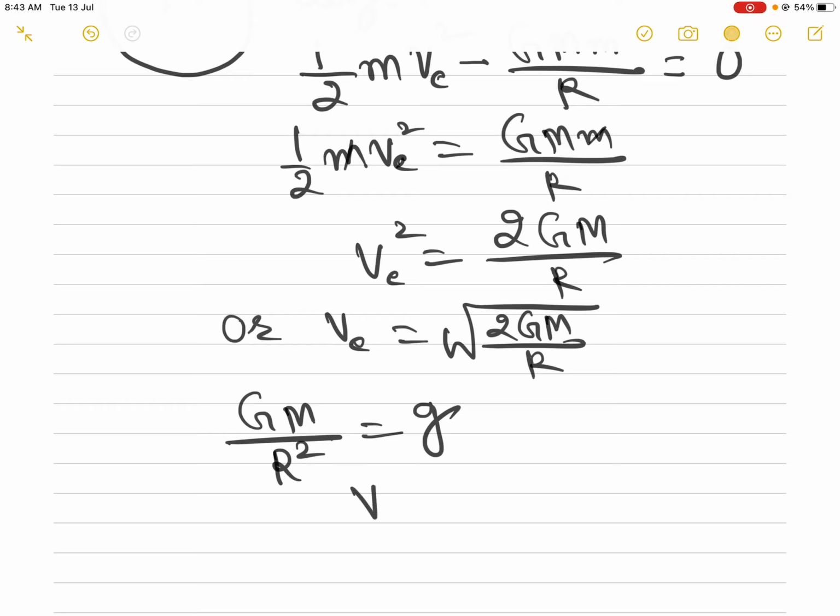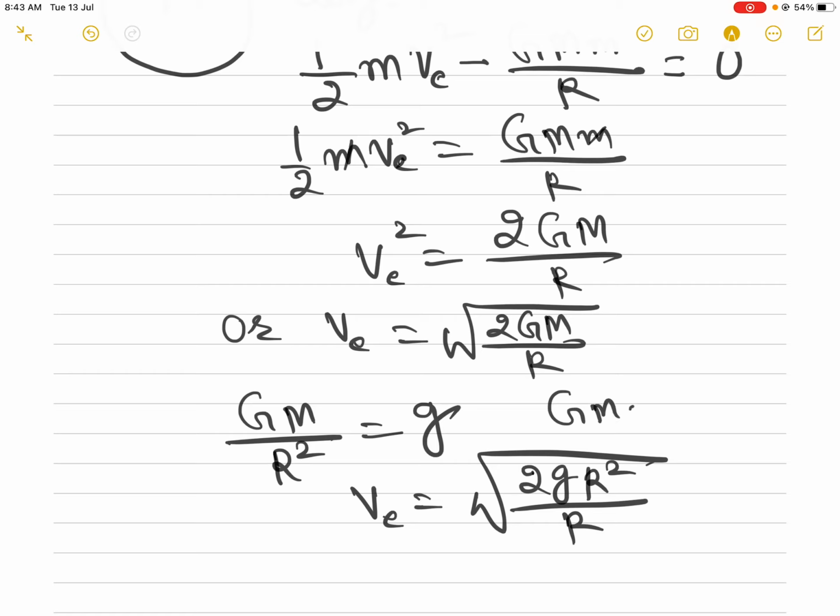So, we can write V E is equal to root 2 g r square by r, because G M will equal to g r square, and it will be root 2 g r.